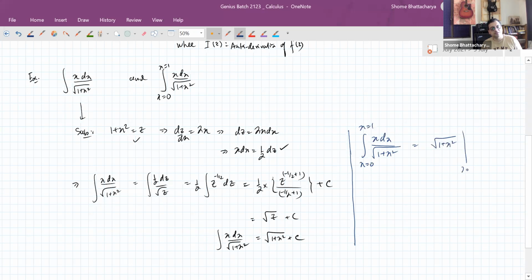So we can just express it this way. Leave out the constant because anyway it cancels out. The upper limit is square root of 2 and the lower limit is square root of 1. So the answer is root 2 minus 1, or approximately 0.41.